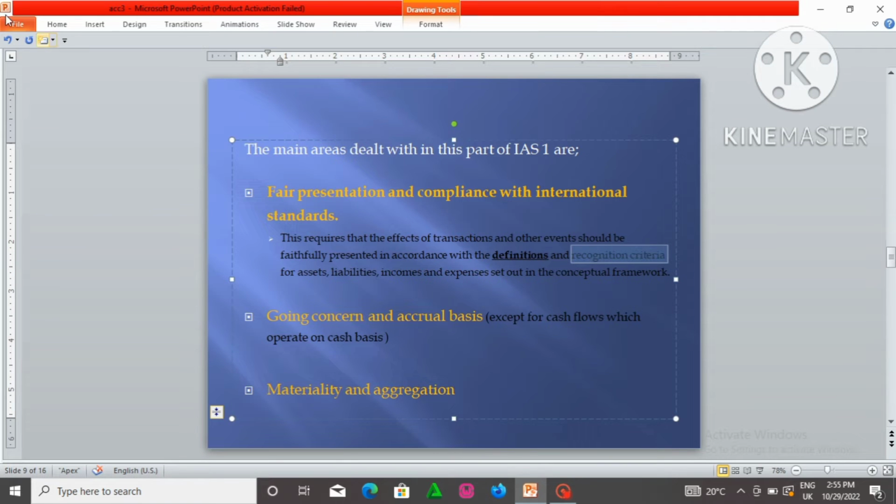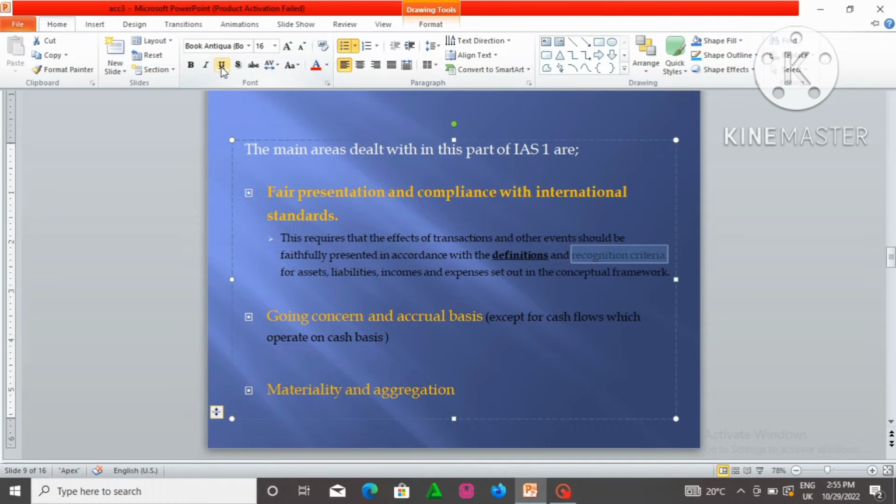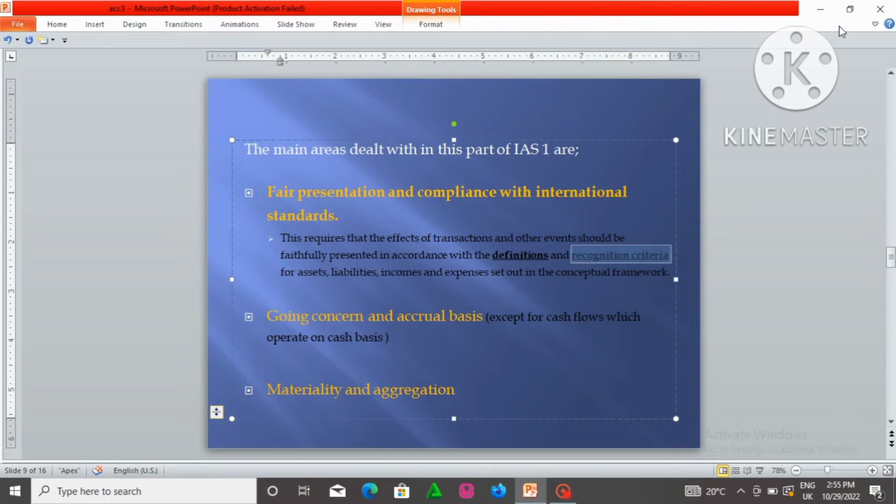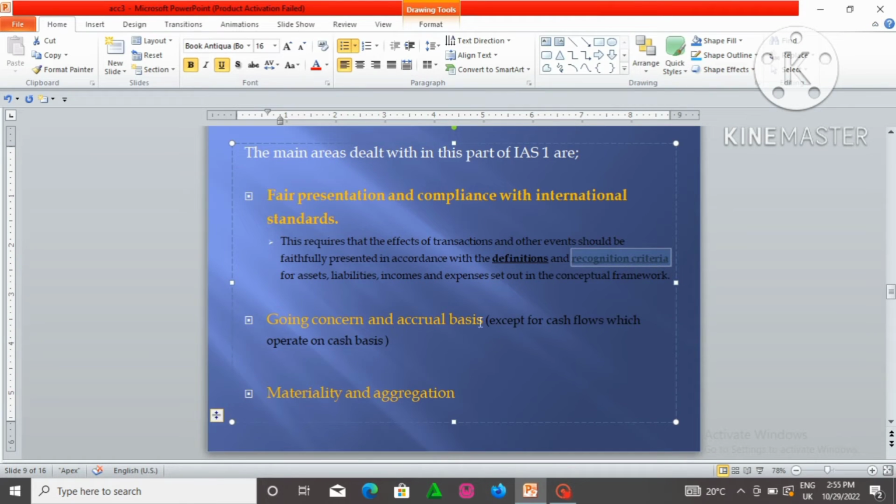What do they mean by this? As you're preparing your financial statements, they should first of all be faithfully represented, and they should be in accordance with the definitions and recognition criteria for assets, liabilities, incomes, and expenses as set out in the conceptual framework.